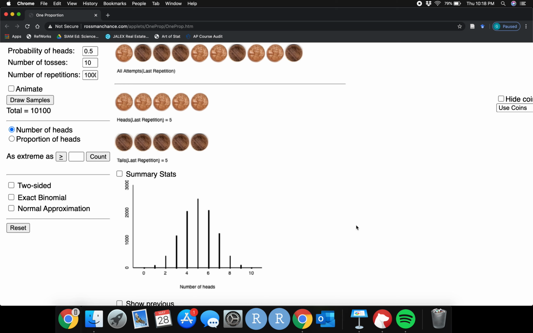It's symmetrical around 5. And if I drew a curve through the tops of all of those dots, I'd get what looks like a normal distribution. And it turns out that, yes, this process is governed by a normal distribution.